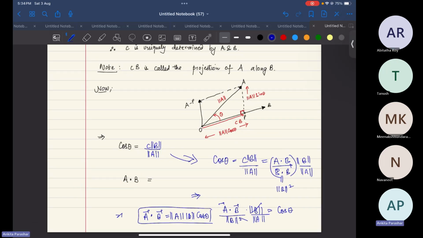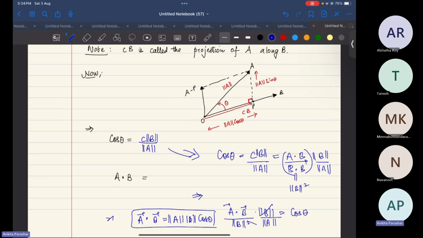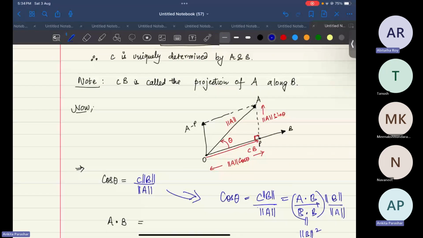So here we deduce that A dot B is nothing but norm A cos theta times norm B. If we see, this is our norm B and this is our A cos theta.